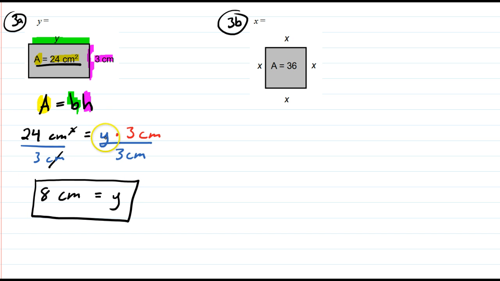And so if you were to go back and check it and put 8 centimeters here, 8 times 3 is 24. Centimeters times centimeters gives you the centimeter squared. So go ahead and try 3b on your own. Be careful with this one. The formula is still the same, base times height, and so they give you more information than you need to solve this problem. So all you need is the base and the height, and ignore the other two.